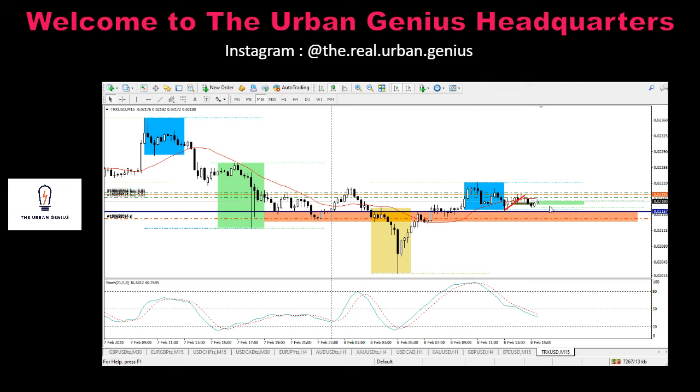Green box has now begun, so we know session volume is now coming into play. Based on all the analysis that we went over earlier, now we should begin to see our move.